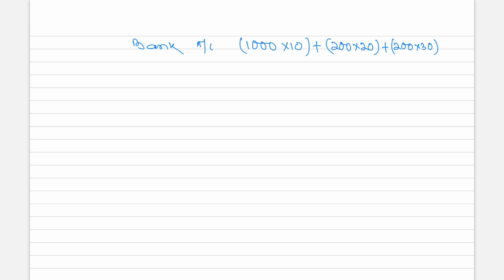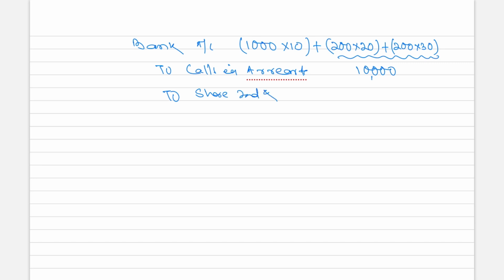Till now we have debited calls in arrear account; now it is to be credited. This amount, 200 into 50, that is 10,000, to share second and final call, that is 10,000 rupees.